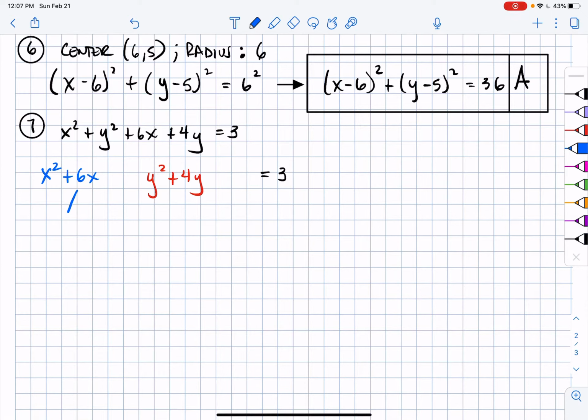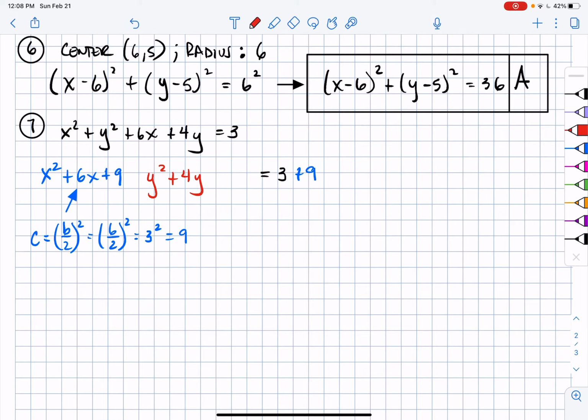So the new c is equal to b divided by 2 squared, which is equal to 6 divided by 2 squared, which is equal to 3 squared, which is equal to 9. Okay? So 9, we're going to add 9 to this side, and we're going to add 9 to this side.